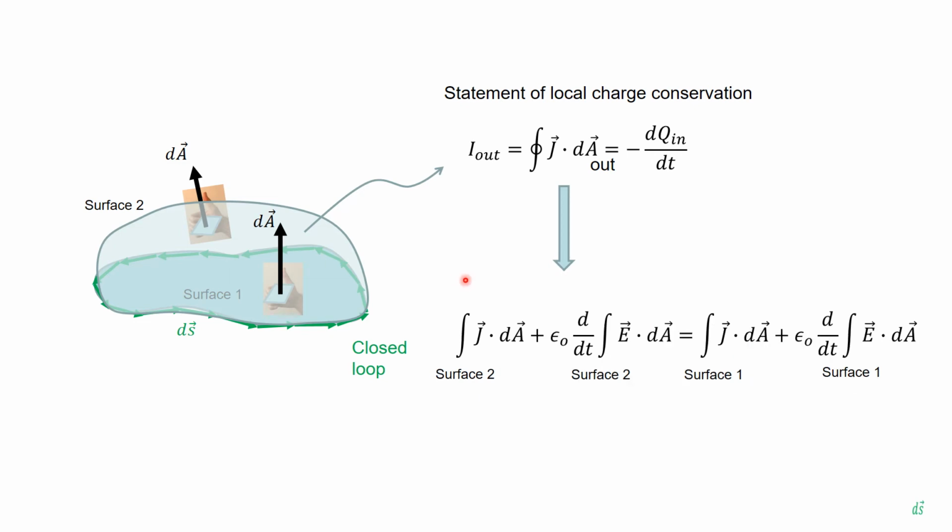So we have here integration of J dot dA through surface number 2 plus this integral over surface number 2 is equal to the same expression, integration of J dot dA through surface number 1 plus the same expression through surface number 1. So that means we've been able to find a surface integral, this whole expression, and no matter which surface you calculate it through, whether surface number 1 or surface number 2 or any of the infinite surfaces that are bounded by this closed contour, you should get the same answer.